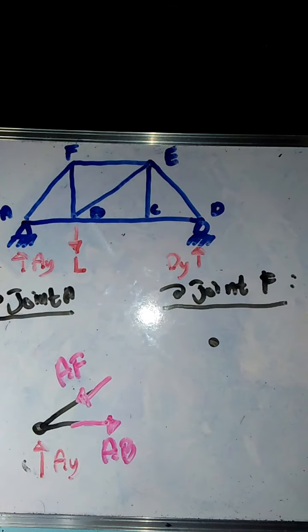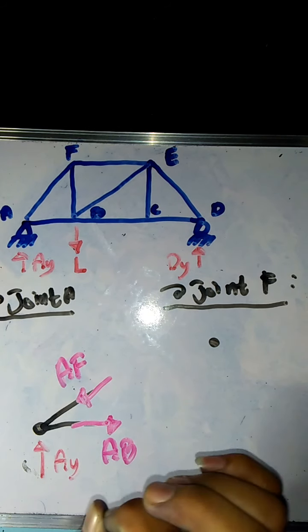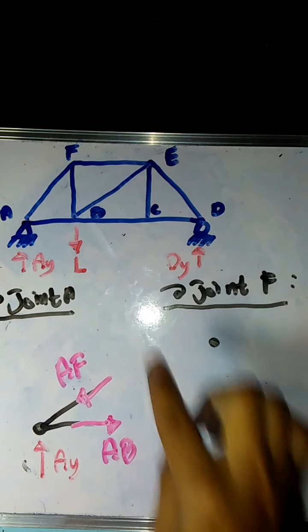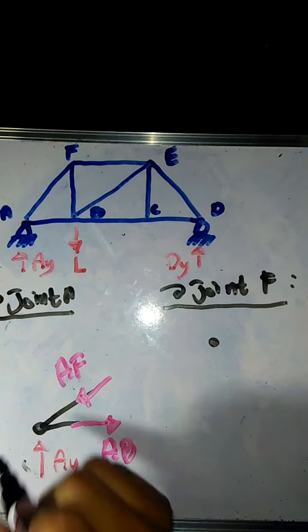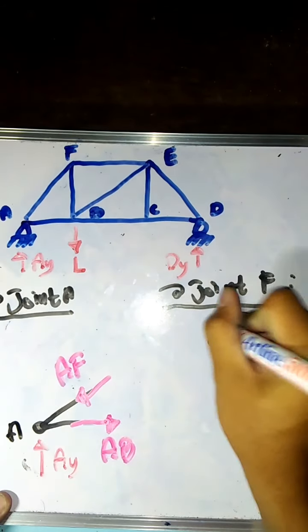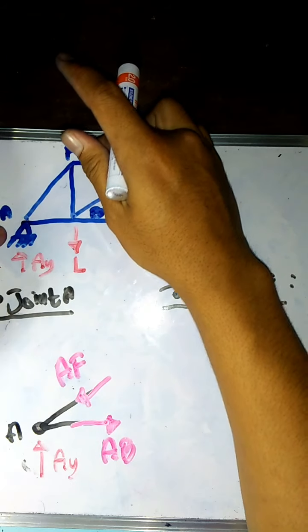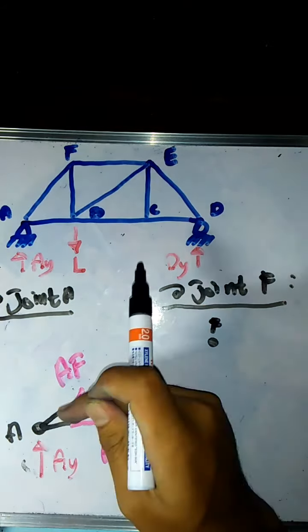Dapat is uniform pa rin yung pag-analyze natin, or kumbaga uniform yung application or uniform yung effect ng loading sa every member. Example, ito yung joint A, tapos ito yung joint F. As you can see, di ba AF is compression, right?